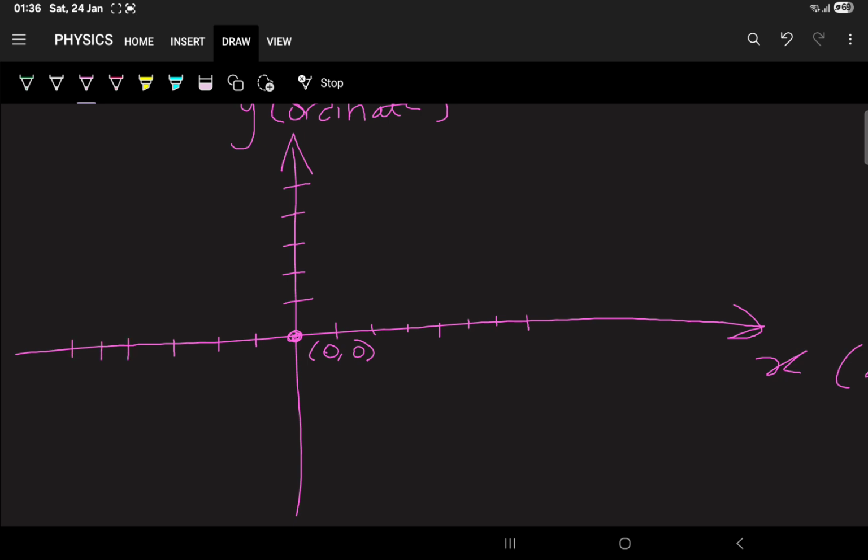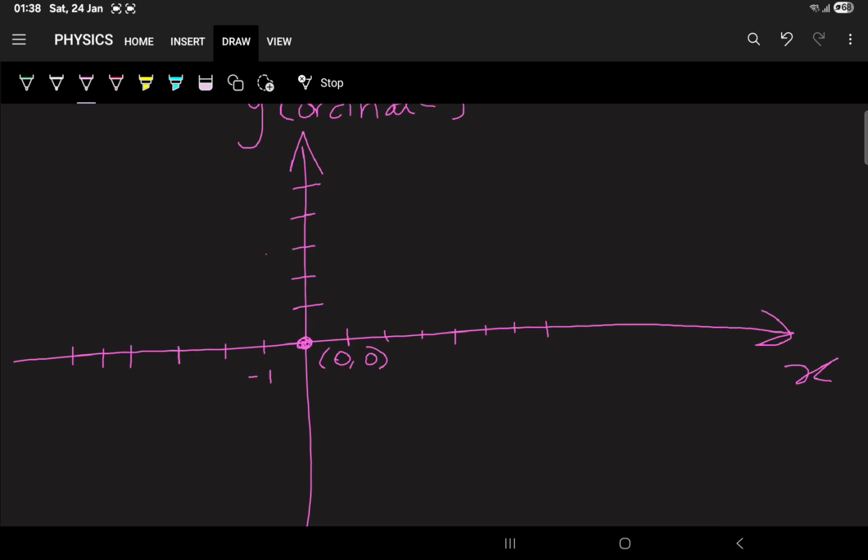Now let's take a point S with the coordinates -1, 3. Plotting -1, 3: -1 will be here, and going 3 units up, 1, 2, 3.